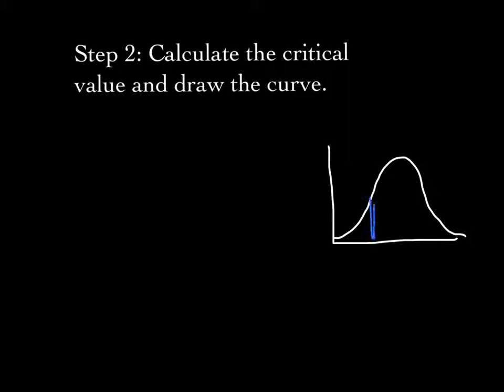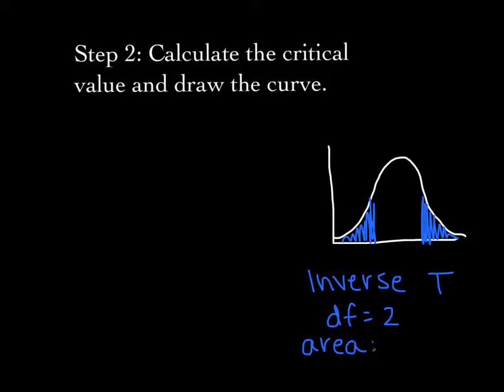We're going to shade both sides, and we're going to calculate our critical value by using inverse t in our stats list editor, and we have a degree of freedom of 2 and an area of 0.10 because we're testing at a significance level of 90%.